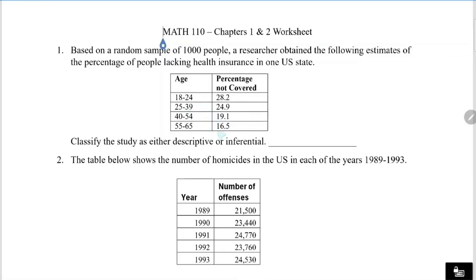A frequency table. Well, this is not quite a frequency table, but it is derived from a frequency table. They've given us the percentage of people not covered, and they have grouped the individuals by ages, so 18 to 24, 25 to 39, and so on. And in the second column, they've given us the percentage not covered.